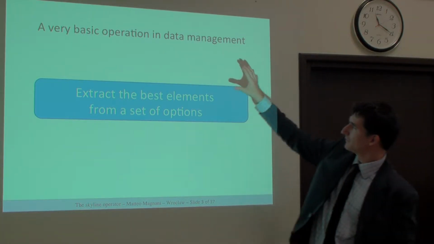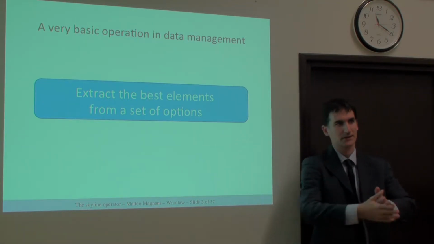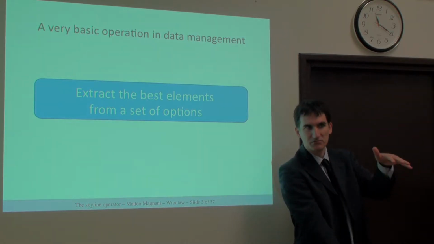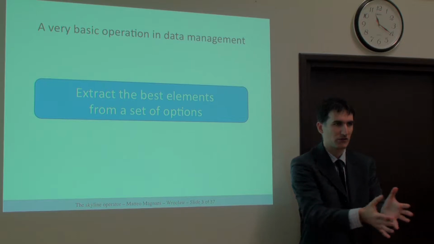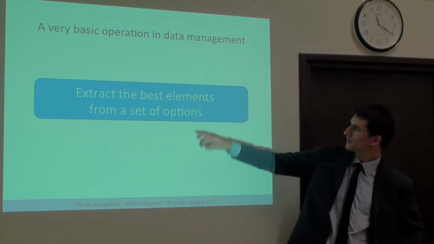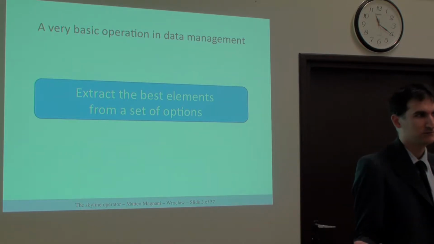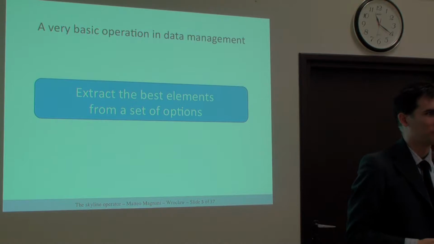So basically the skyline operator in databases is an operator that starts from a set of options. These options usually are records inside a relational database, but they can be any kind of pieces of information. And the objective of the operator is to extract the best elements. So we do that all the time, also when computers are not involved.